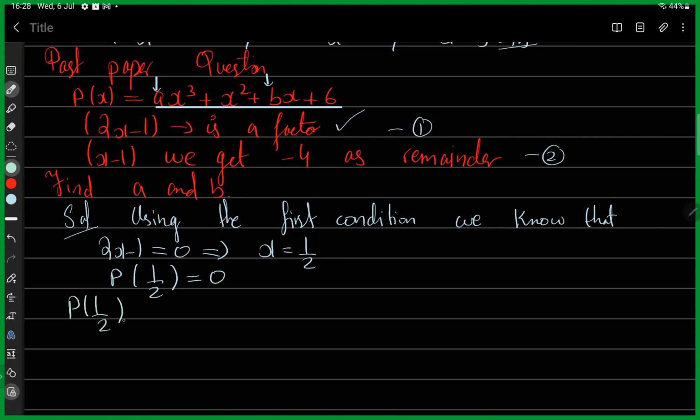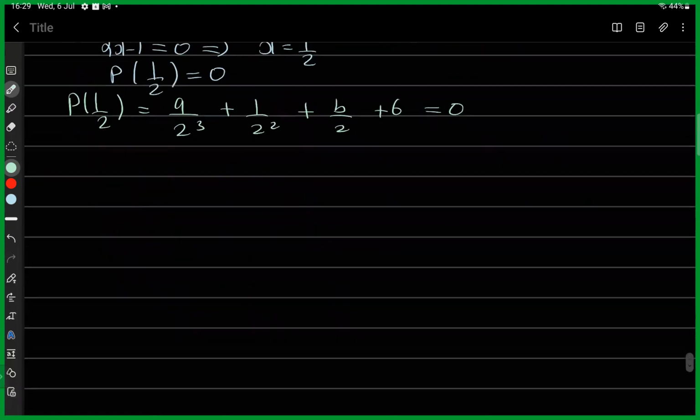It would give us p of 1 by 2, that is basically a times 1 by 2 cubed plus 1 by 2 squared plus b times 1 by 2 plus 6, and this thing is equal to 0. Let me simplify this and we are going to get a by 8 plus 1 by 4 plus b by 2 plus 6 equals 0. We can take 8 as the LCM.